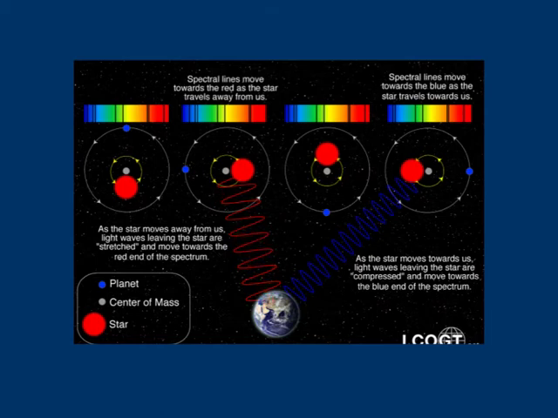Over here, in this case, the wobble is making the star come toward us. That's going to compress this light wave, making it shorter, and we see a blue shift. So when we look at the stars, if we see this red and blue shift, then we know that there's a planet around that star.